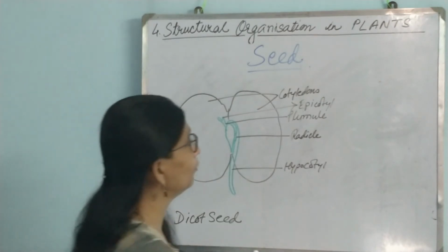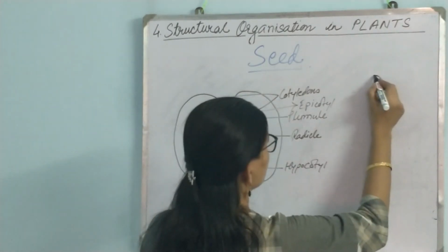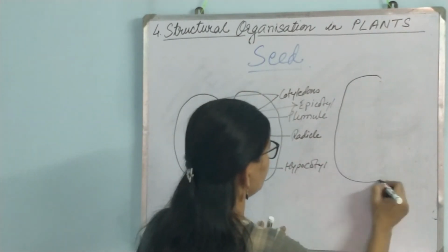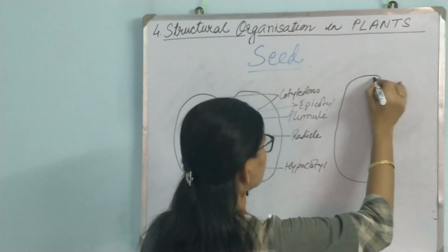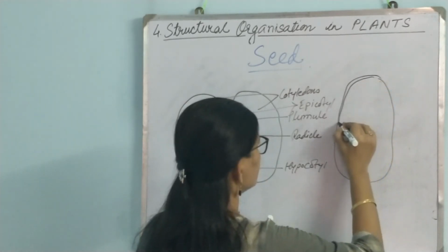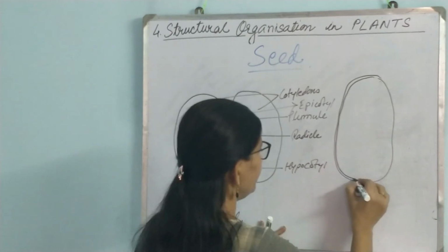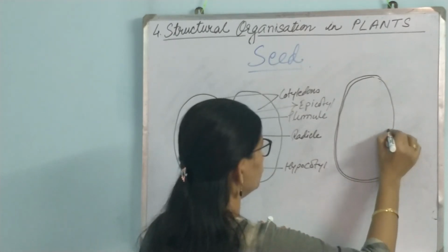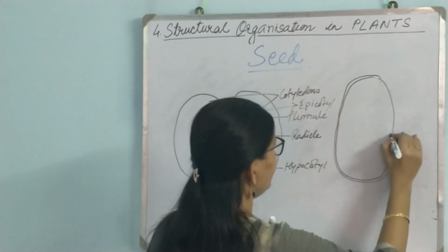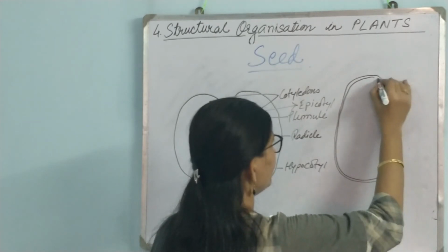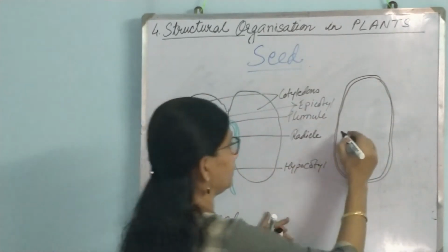Now let us see monocot seed. There is not much place for monocot, so I will make a smaller one. So monocot seed, as I have already told you, it has endosperm even in mature state.